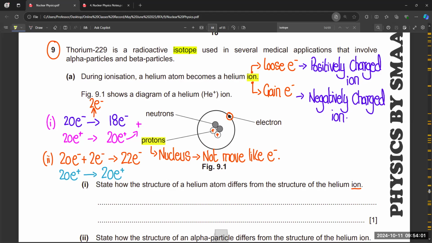So the question is, we have another element, thorium-229, and it is a radioactive isotope. We will discuss what radioactive means. Radioactive means it emits radiation, right? Just like X-rays. And it is used in several medical applications that involve alpha particles and beta particles. Okay, just ignore alpha or beta right now.